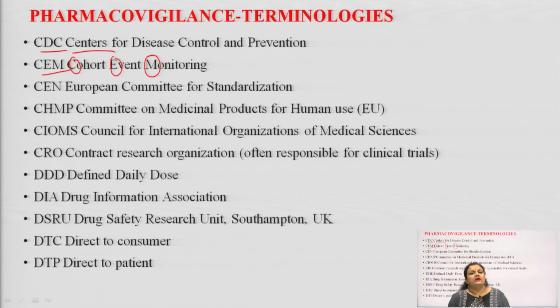Cohort is a term coming under pharmacoepidemiological studies, and it means, students, the case control and the case series studies. Cohort studies are of two types. One is prospective cohort studies and the second is known as retrospective cohort studies. Prospective means, students, in the forward direction, in the straight line, while the retrospective study is in the backward direction.